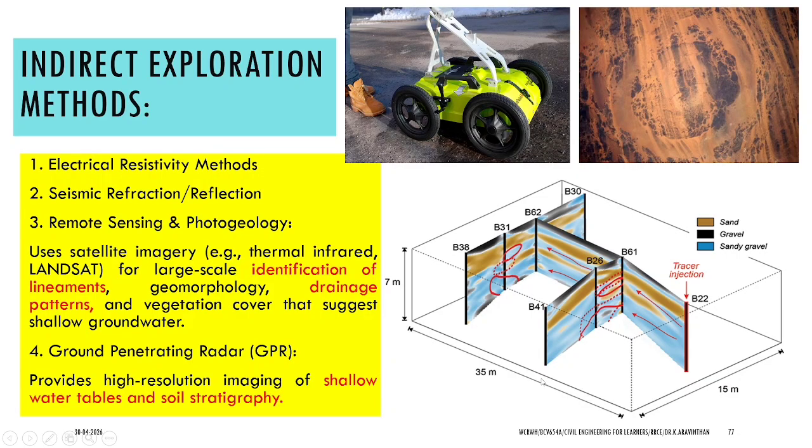At what depth are these layers available? It gives this in the linear direction. So you have to move to different places at different spacing to observe the soil levels and get the subsurface investigation report. This is the next level of high resolution imaging of shallow water tables.